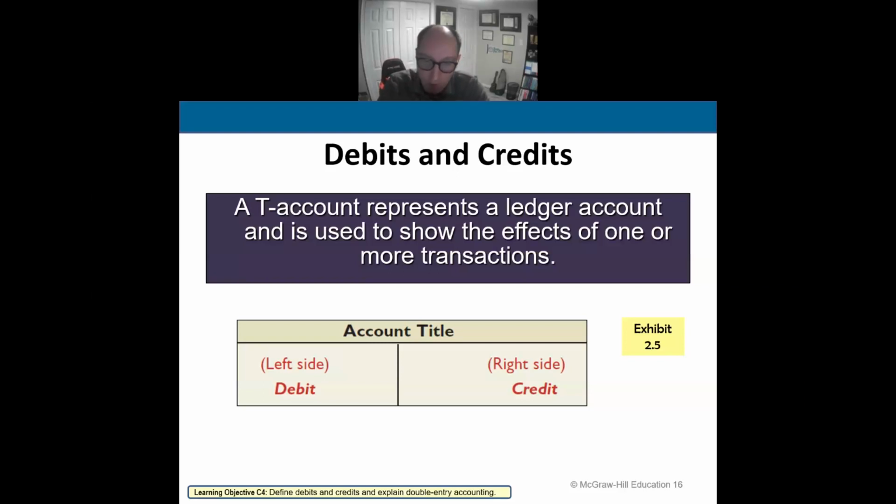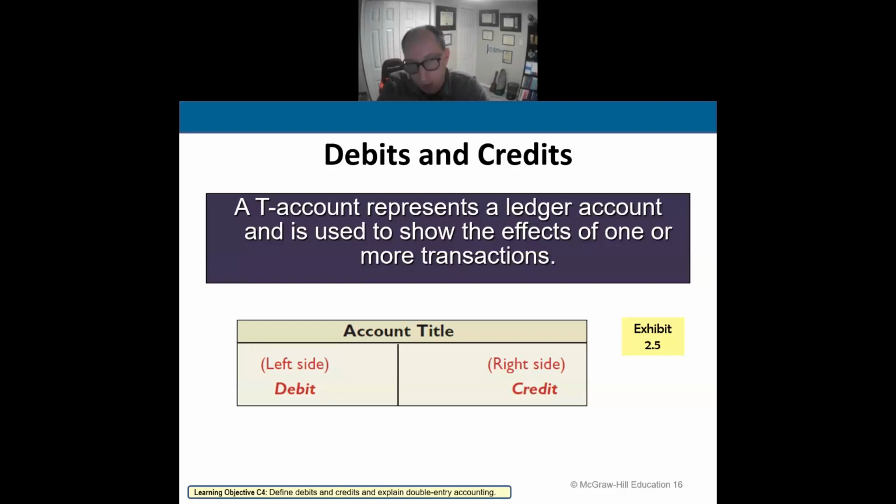To reduce cash, we credit it. To reduce inventory, we credit it. To reduce property, plant, and equipment, we credit it. To increase an asset account, we debit. To decrease an asset account, we credit.